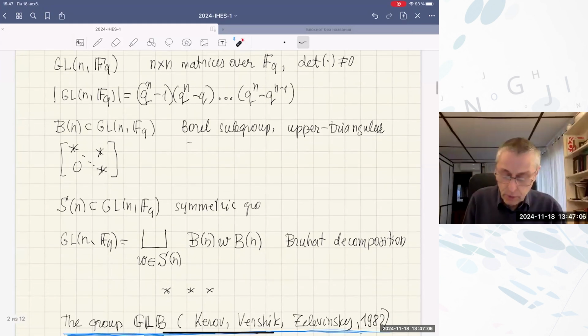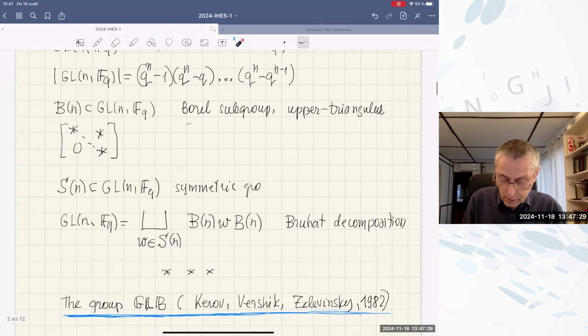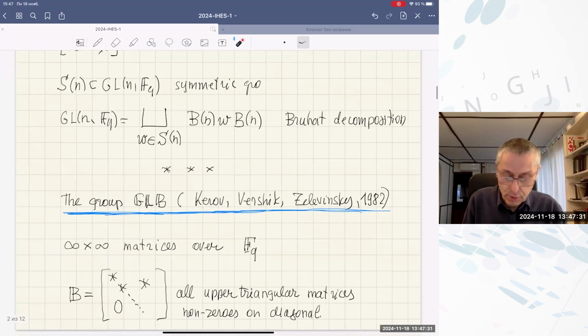And a well-known decomposition holds, which is called the Bruhat decomposition. The double cosets with respect to this Borel subgroup are parameterized by the symmetric group. So this is the famous Bruhat decomposition. Well, so now I can introduce the main hero, the group GLB.